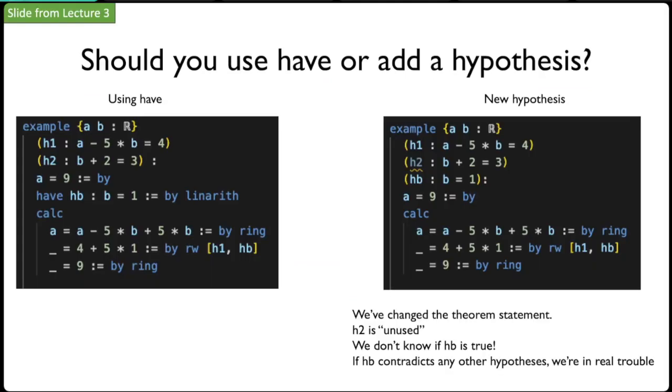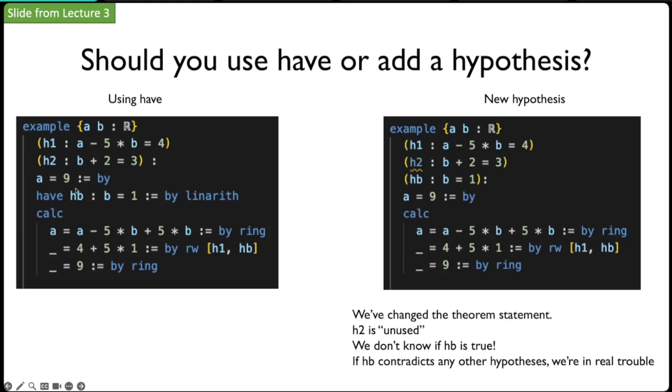One of the things we talked about last time that I do want to hit on a second time to reinforce is, when you're defining some kind of problem, should you use have, or should you be adding a hypothesis. So on the front side, we have two hypotheses, a minus 5 times b is equal to 4, and another that b plus 2 is equal to 3, and these will be leading to implying a is equal to 9.